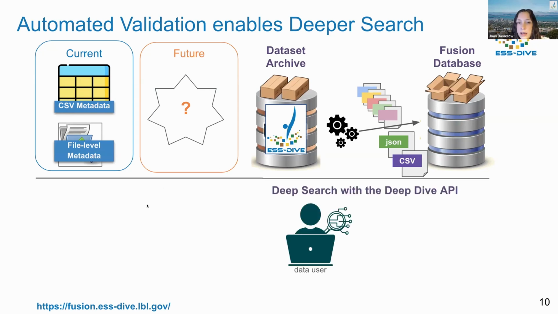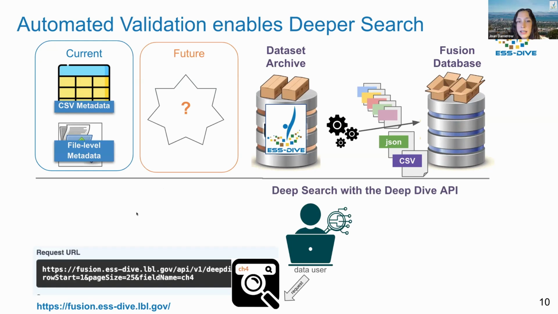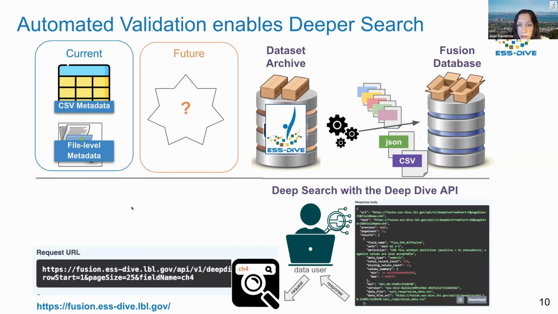For example, you can find specific files that contain data with the term CH4 or methane. This is actually a really big advance for us. It enables users to find specific data very quickly instead of combing through hundreds or even thousands of data files.